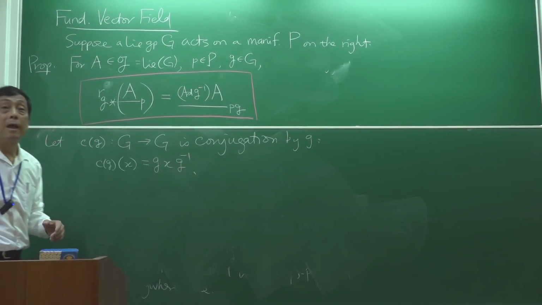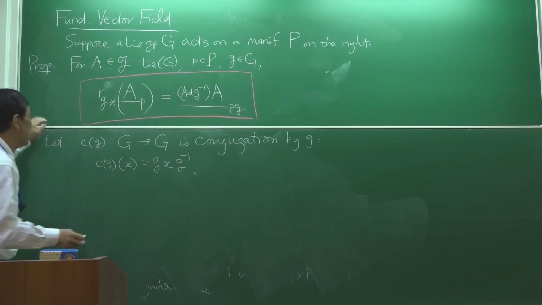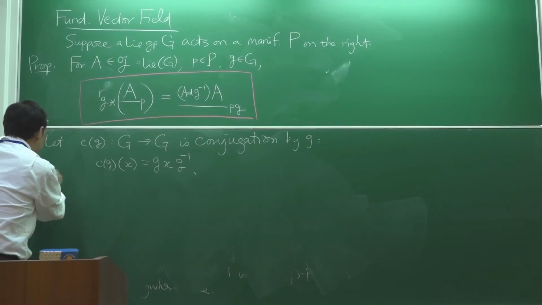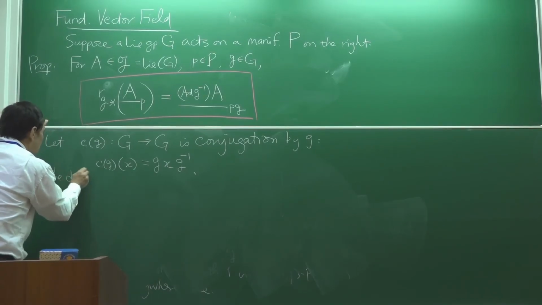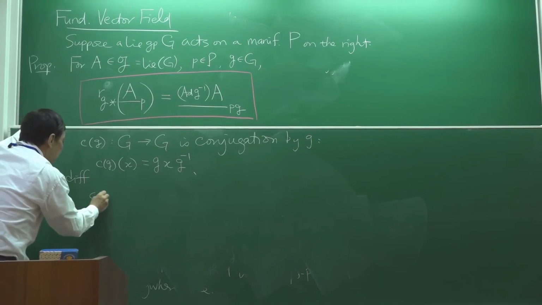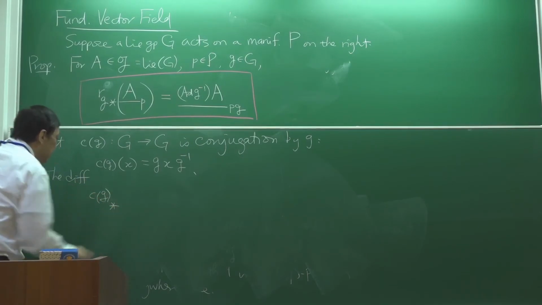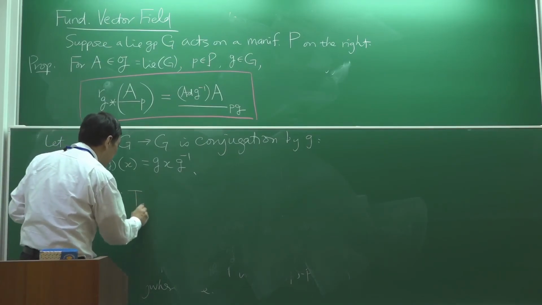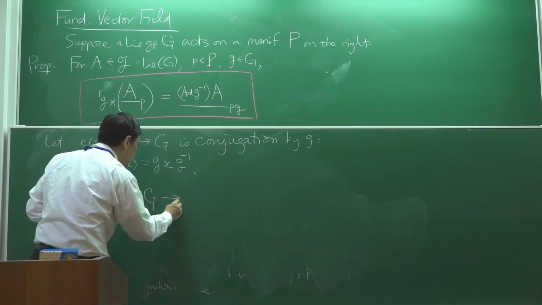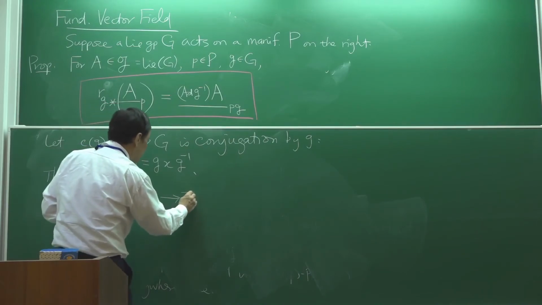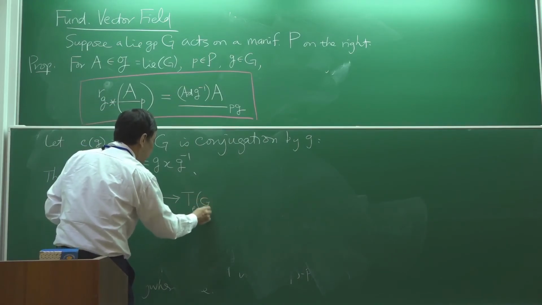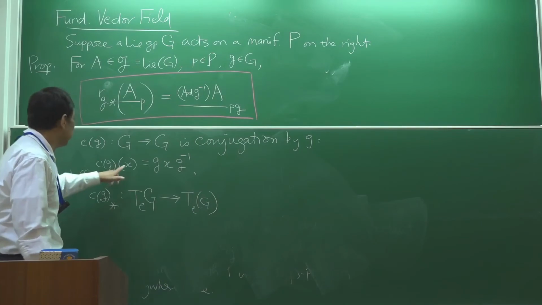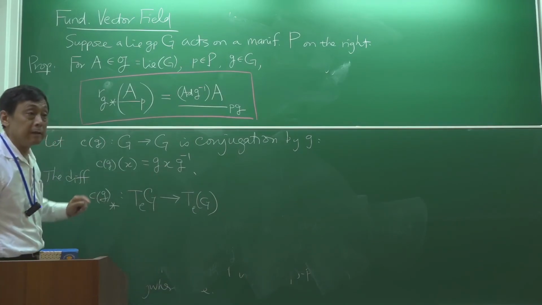Okay? And so the differential C_g star will go from the tangent space at the identity to the tangent space at the identity, because the identity goes to the identity.